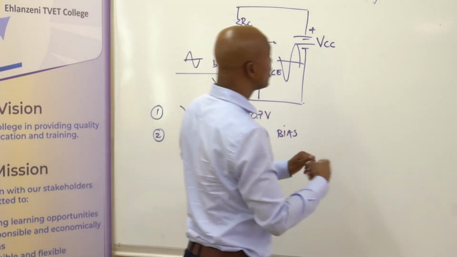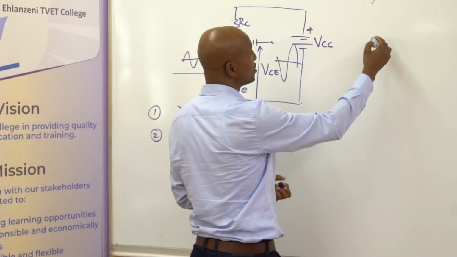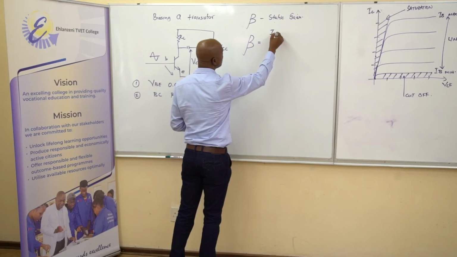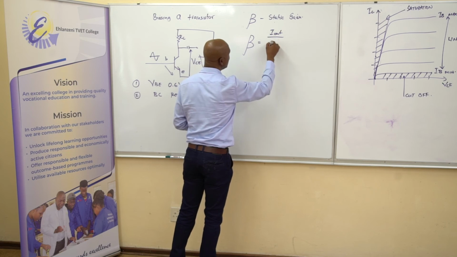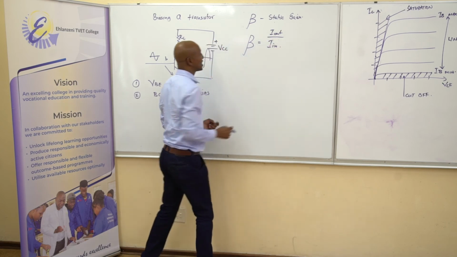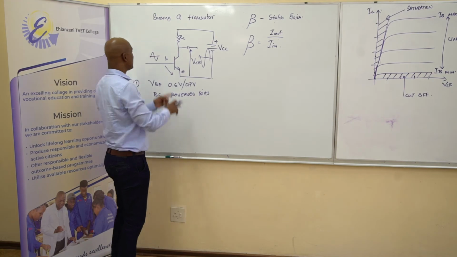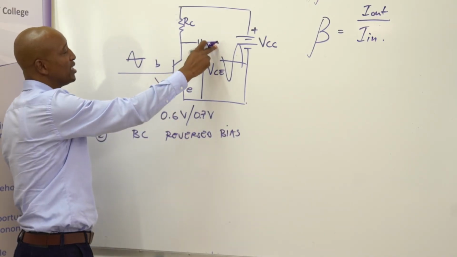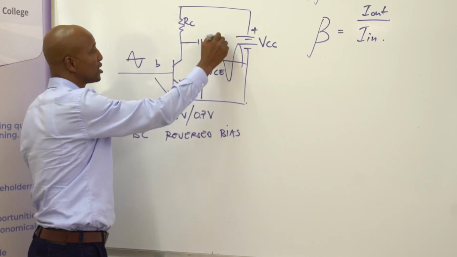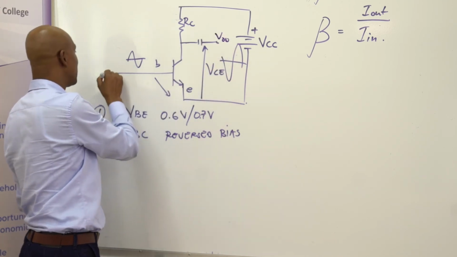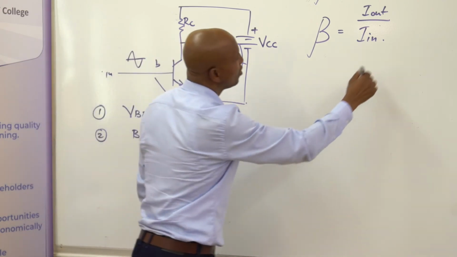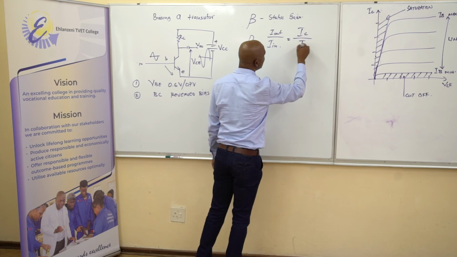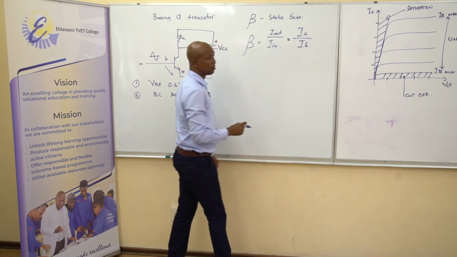Gain can also be determined by values of the transistor, where gain is output current over input current. Input current is the current in the base. Output current is the current taken from the collector. So it can simply be denoted as IC over IB.